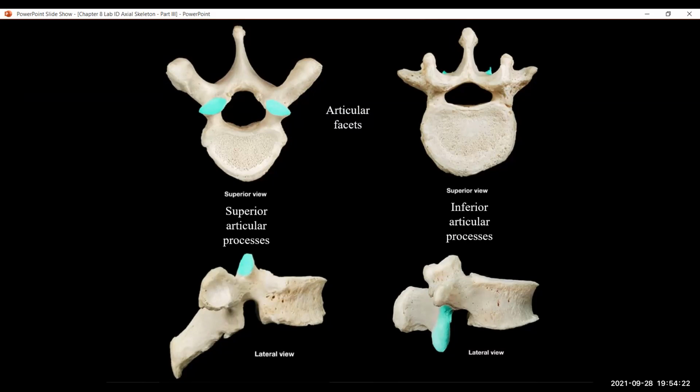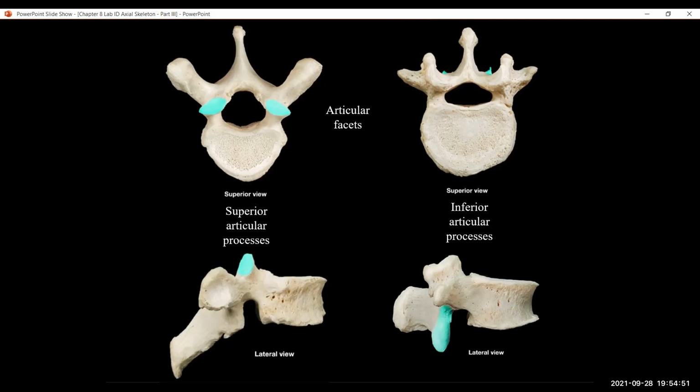I use the analogy that the articular facets are like your fingernail on your finger. So your finger would be the articular process, and then the articular facet would be your fingernail. And just to review, the articular facet is going to be the actual joint surface that's going to make contact with the other bone that is making up the joint.